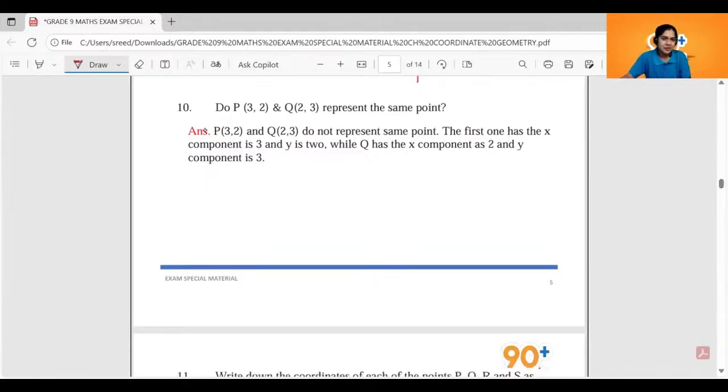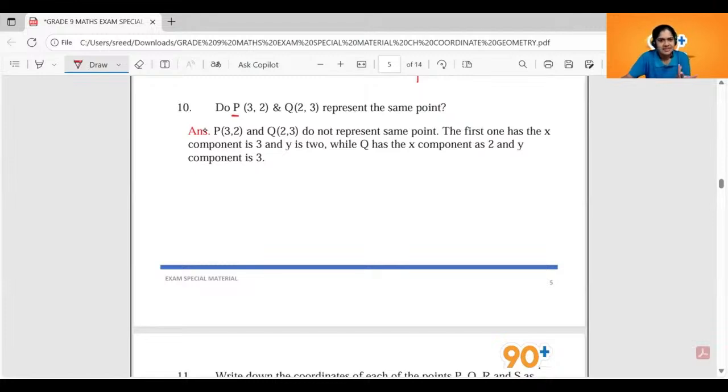P(3, 2) means P is the name of the point. P(3, 2) and Q(2, 3) represent the same point. What do you say? Do points (3, 2) and (2, 3) be the same point?